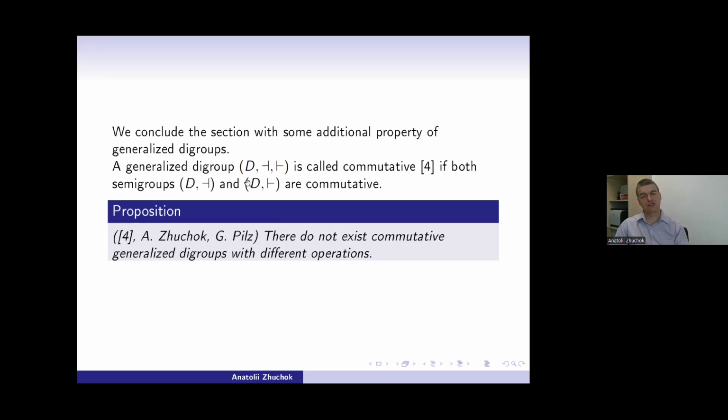A generalized D-group is called commutative if both semigroups are commutative. And we proved with Günther Pils that there do not exist commutative generalized D-groups with different operations. So only with the same two operations do we have a group.